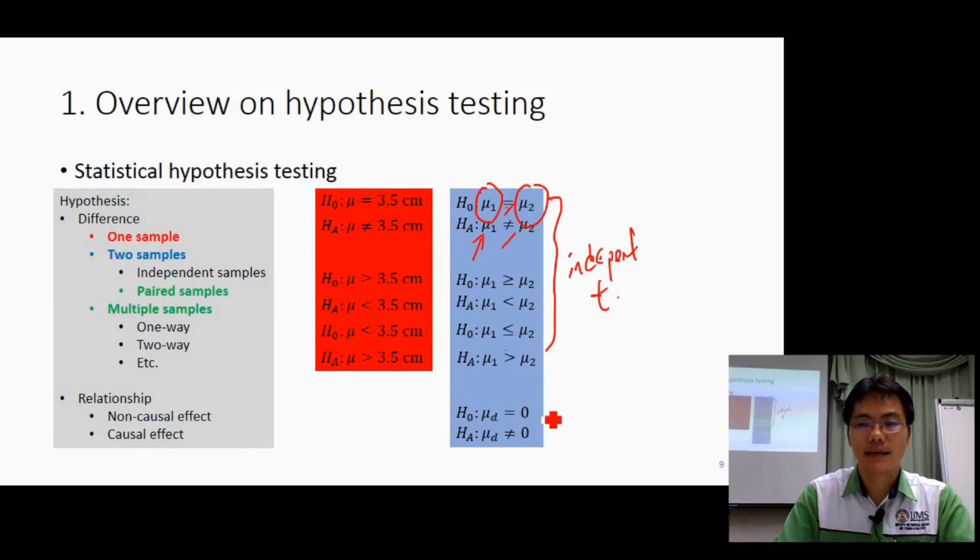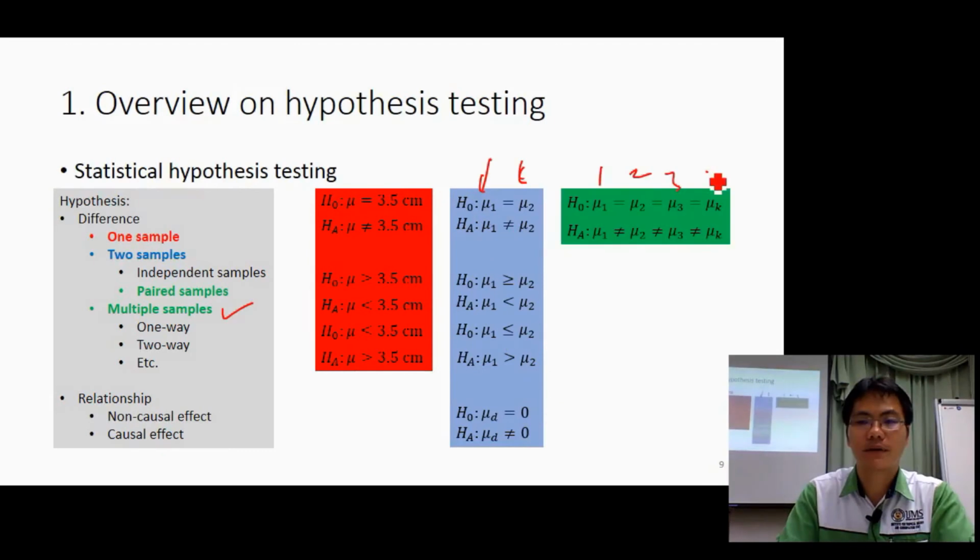So these are for the independent t-test, which means you have taken two samples from two different populations. Later we're going to discuss the difference between the independent t-test and the paired t-test, after you know a little bit about the independent t-test.